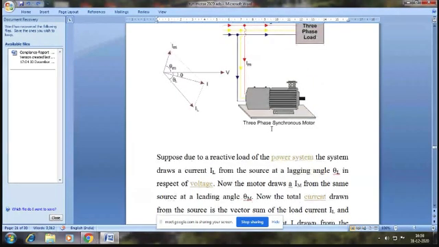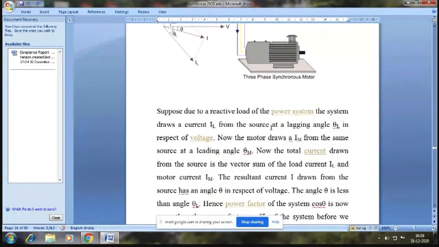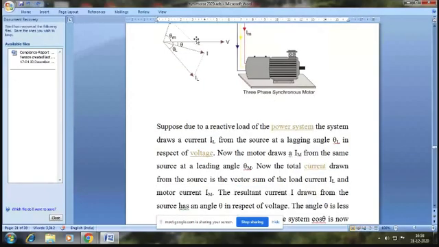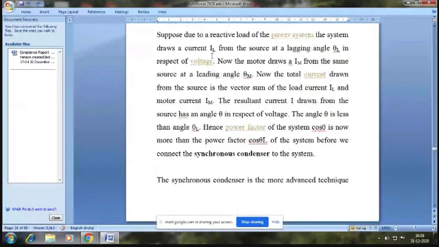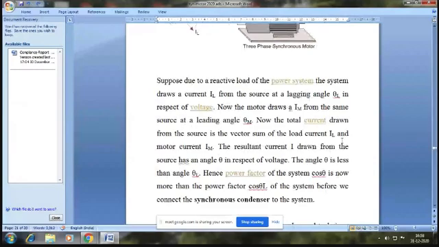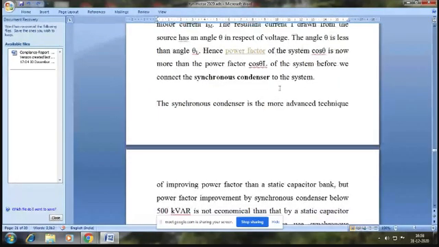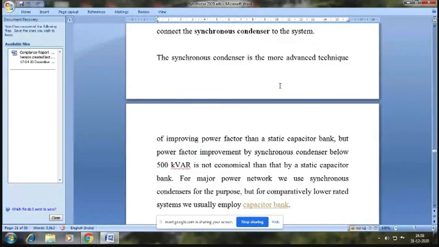Understood this? Yes, sir. And whatever I have told, how the power factor improvement takes place, he explains again in this paragraph, so that is okay, that we have done. The synchronous condenser is a more advanced technique of improving power factor than a static capacitor bank, but power factor improvement by synchronous condenser below 500 kVAR is not economical.